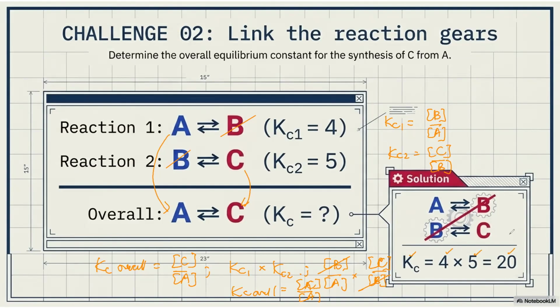That is if you have an equilibrium established between more than one reaction.